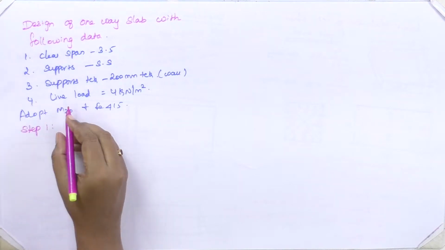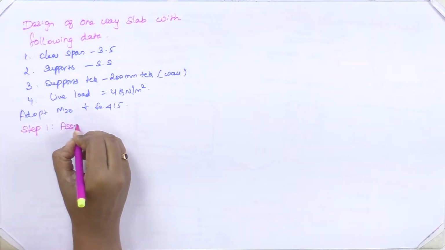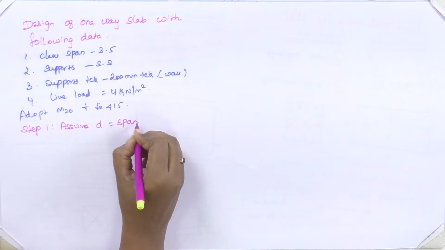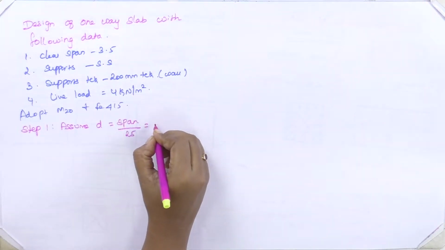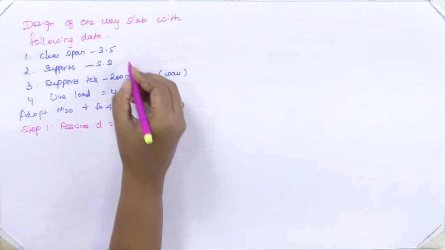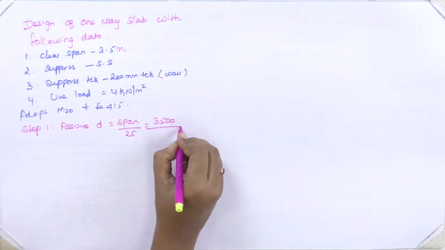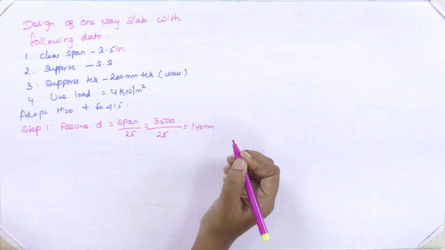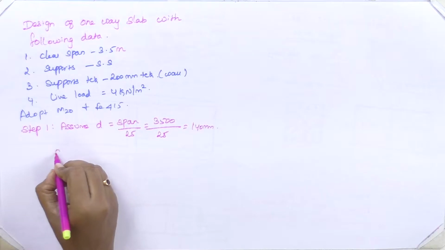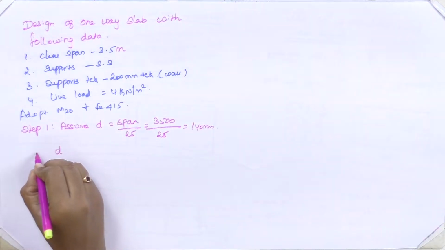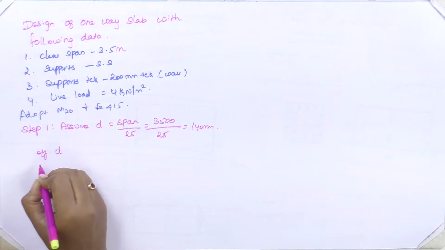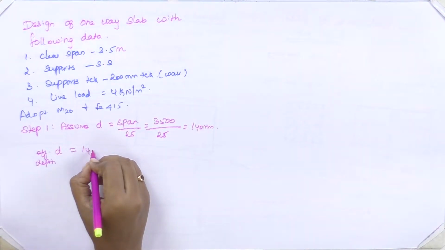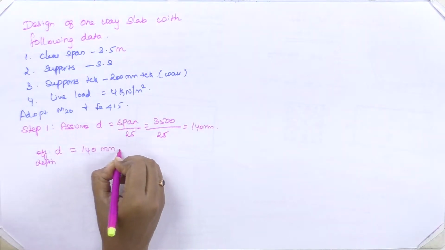Step 1. Assume D is equal to span by 25, that is 3500, this is 3.5 meter, 3500 divided by 25, I'll get around 140 mm. Then the effective depth small d is equal to 140 mm.